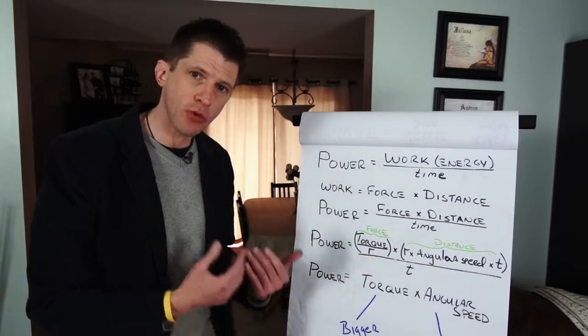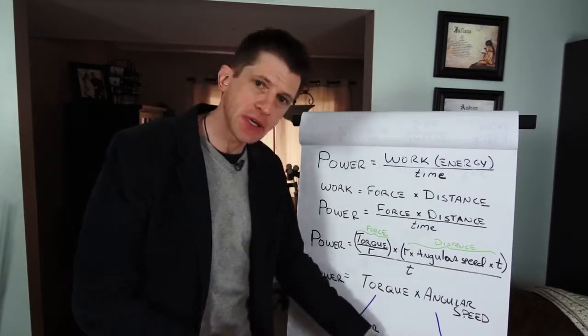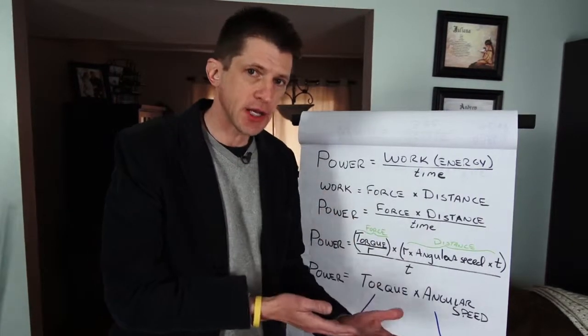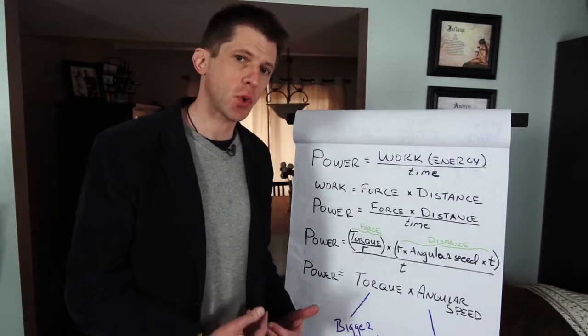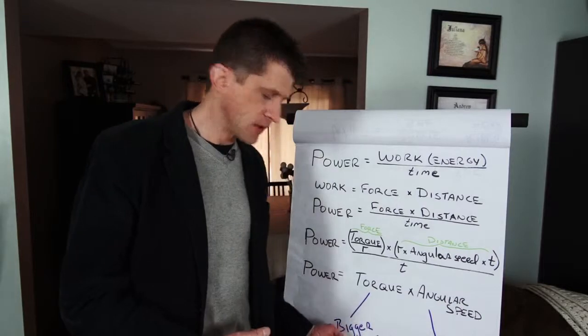So it does require more work and more power to hold on to that same pedal speed in the same gear. Conversely, if we start to go downhill a little bit or we get a tailwind, less power or less work is required by us to maintain that pedal speed in the same gear.